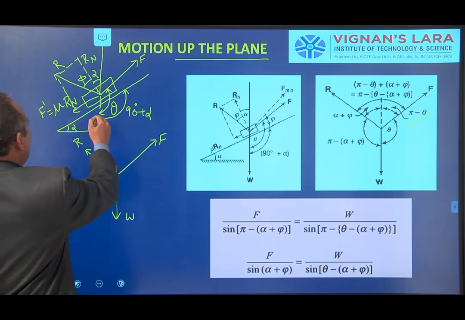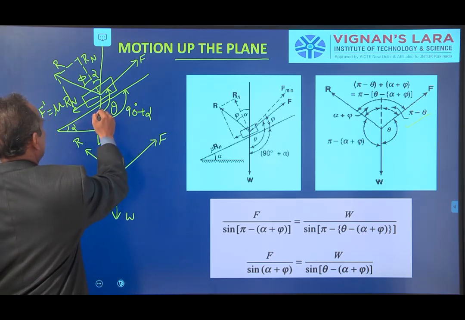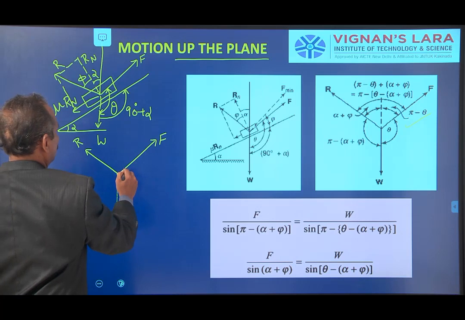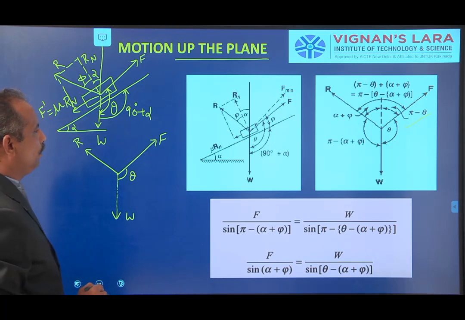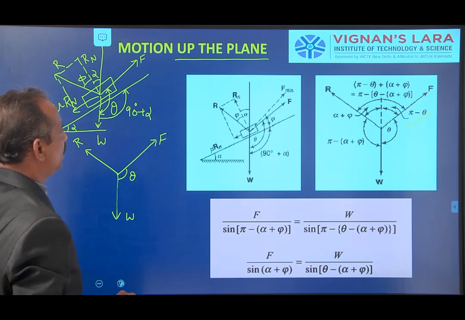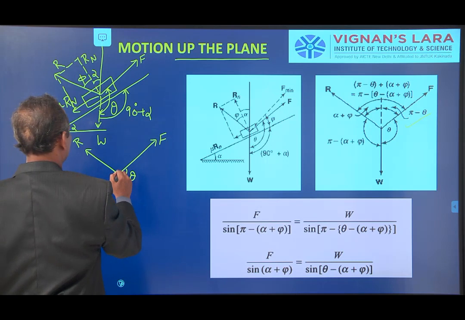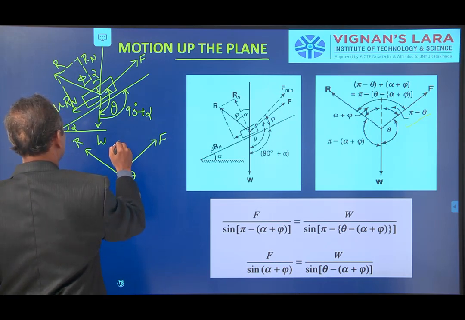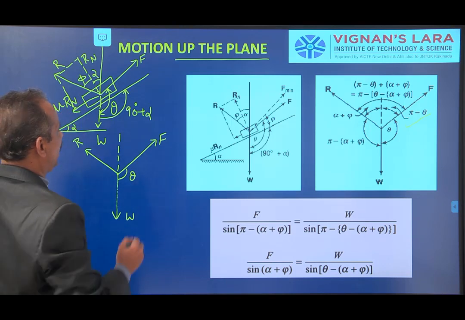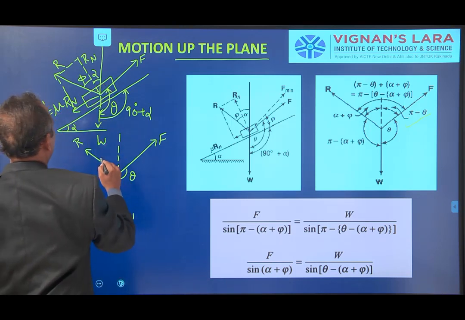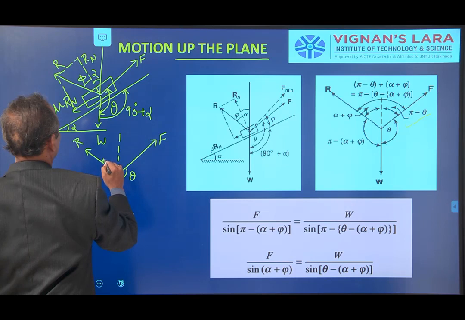So just now we have stated this angle is theta. By the geometry you can see this is another angle, alpha plus phi with the vertical.